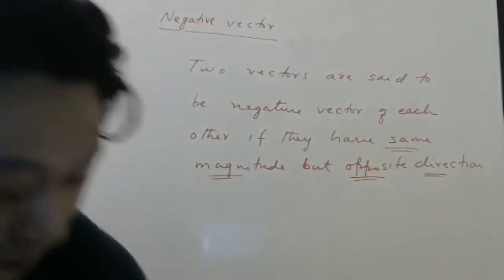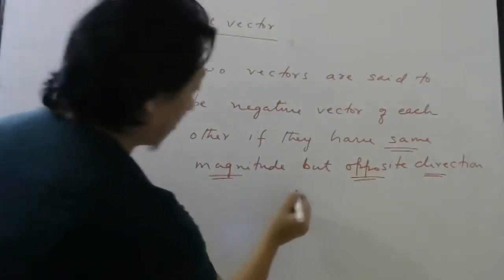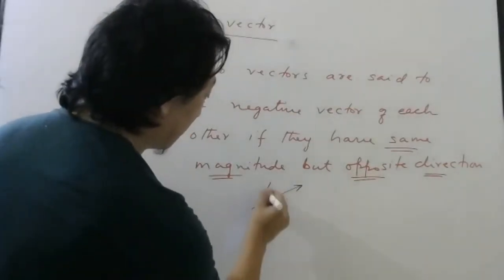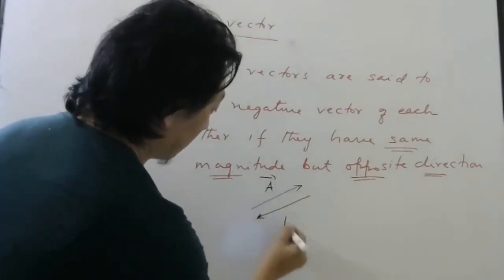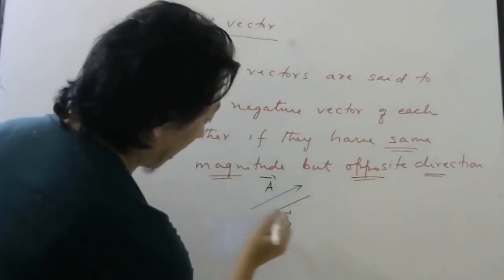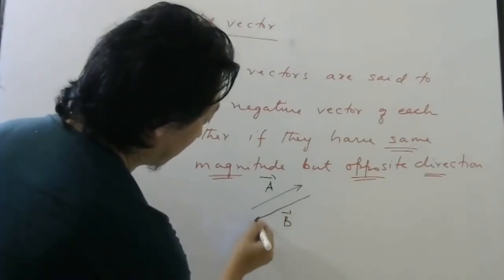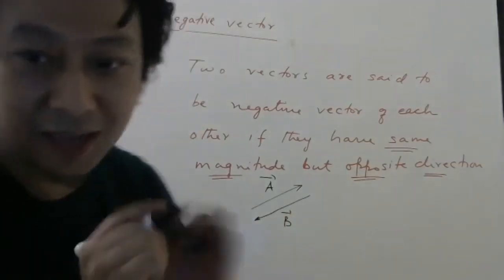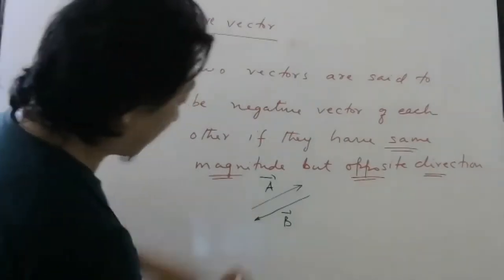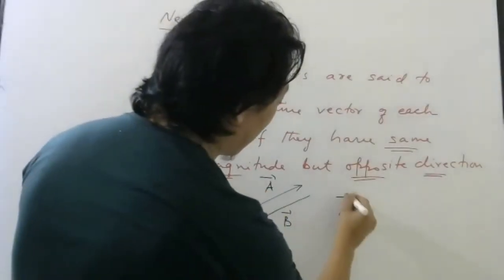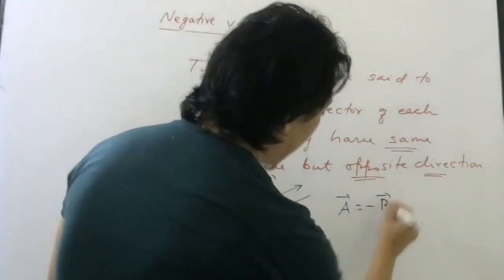So how will we represent negative vectors? So let us say one vector is here. This is A bar and another vector is here, B bar. While drawing, I may not draw it exactly. Usually my students will use scale and all. So if you want to use scale and all, please use it, no problem. So if the vectors are like this, then we say A bar is minus of B bar.